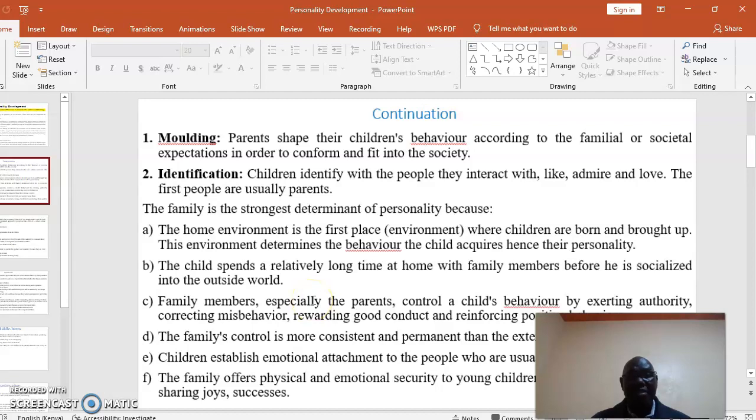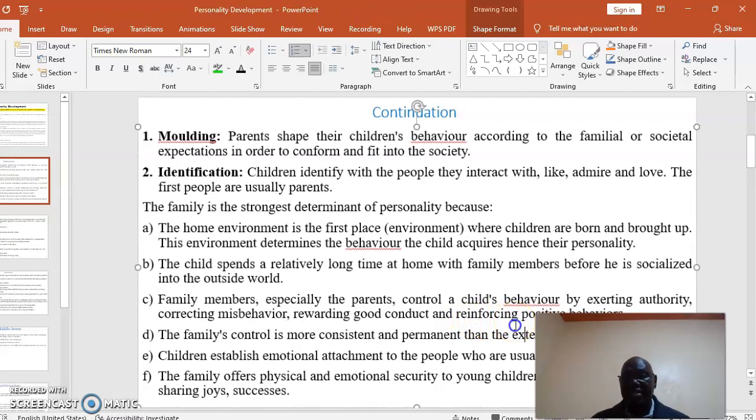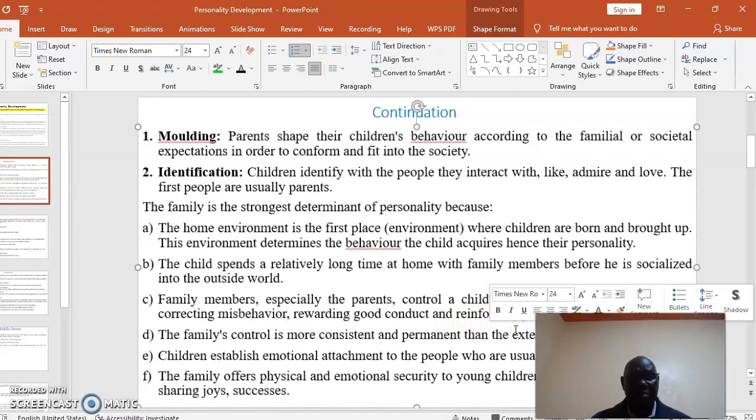The child spends a relatively long time at home with the family members before he or she is socialized into the outside world. The family members, especially the parents, control a child's behavior by exerting authority, correcting behavior, rewarding good conduct, and reinforcing positive behavior.